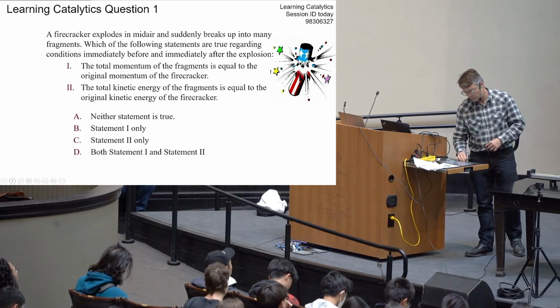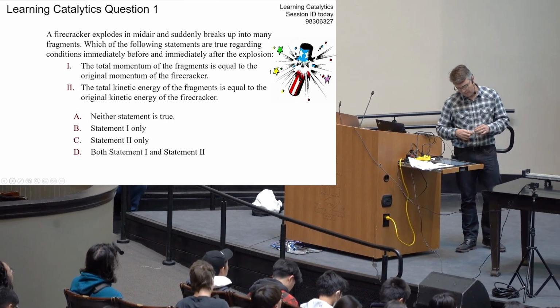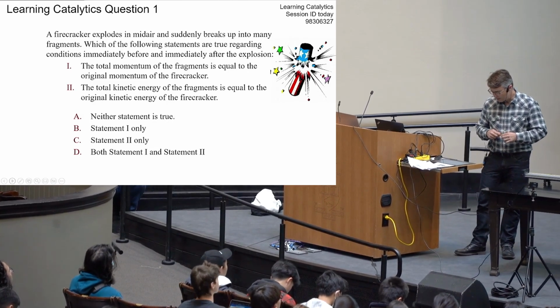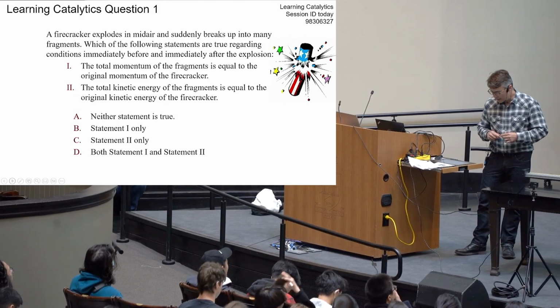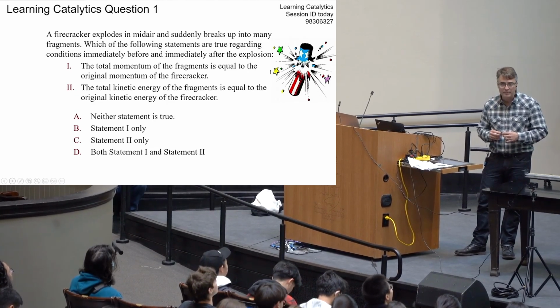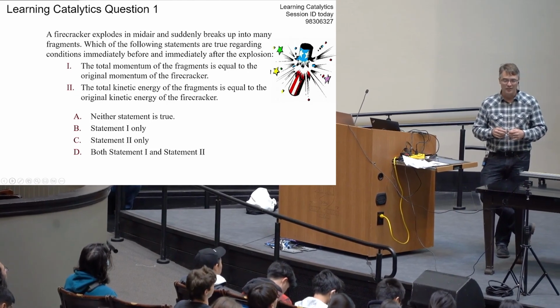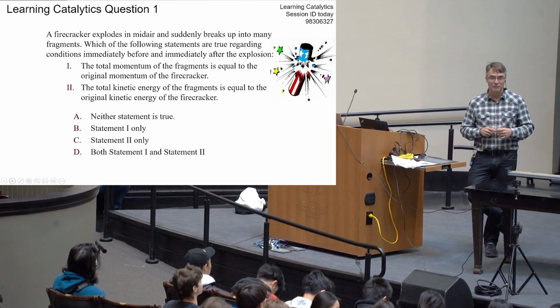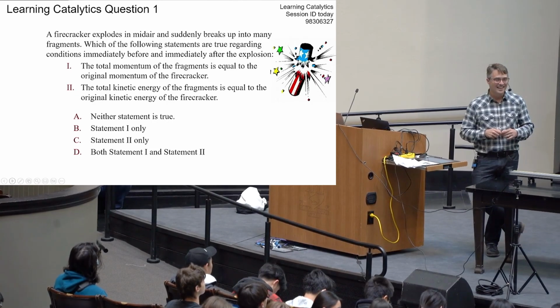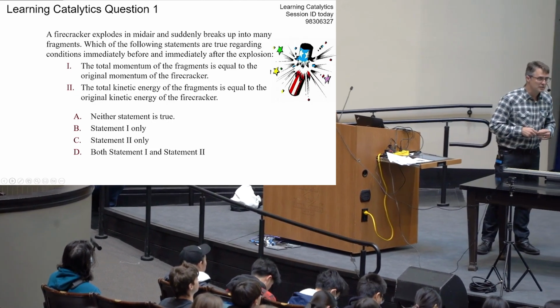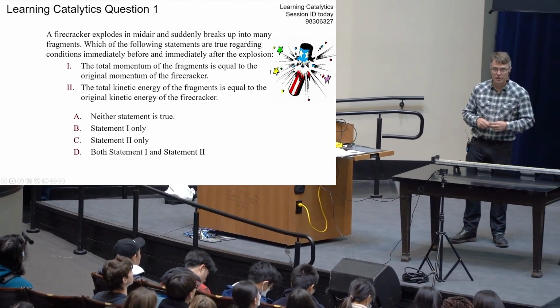A firecracker explodes in midair and suddenly breaks up into many fragments. Which of the following statements are true regarding conditions immediately before and immediately after the explosion? I think we talked about this before, in chapter 6, that collisions and explosions share this in common.